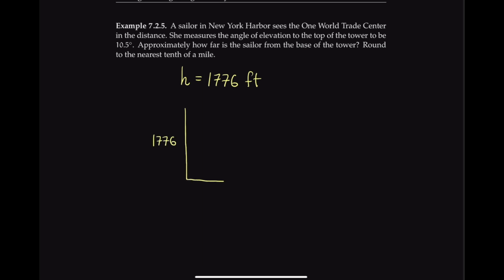It says that this sailor is out in the harbor. We're going to assume that everything's at sea level here, and the angle of elevation is 10.5 degrees as viewed by the sailor at her distance from the trade center. And she wants to know how far away she is from the One World Trade Center. So what she wants is the distance x here.